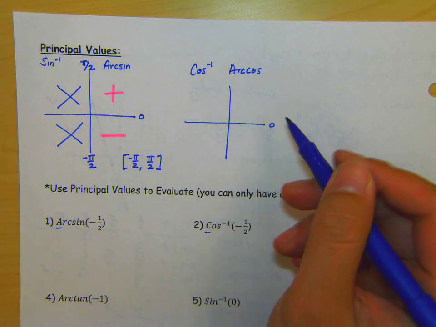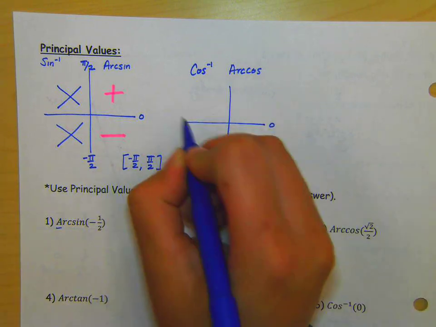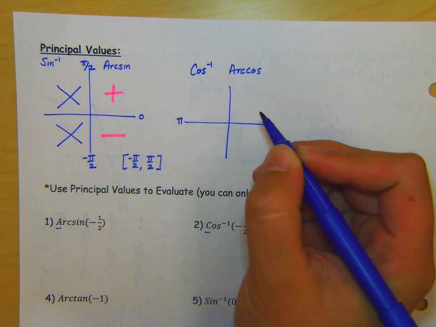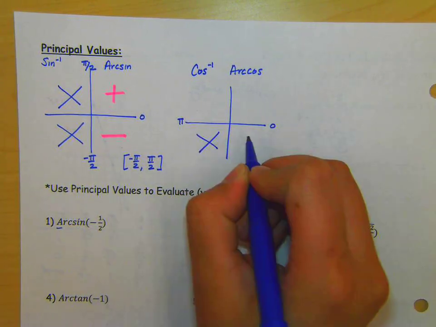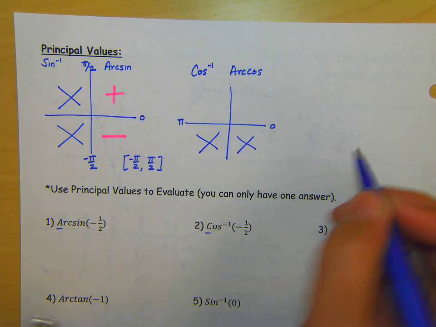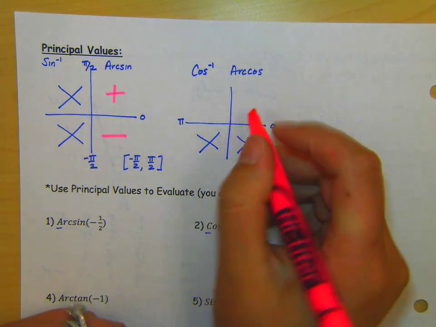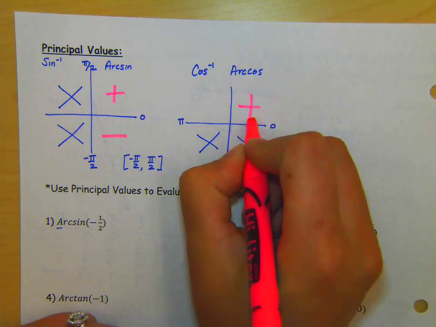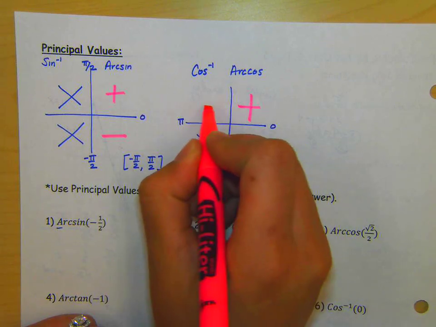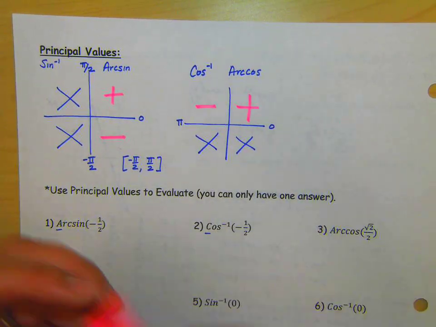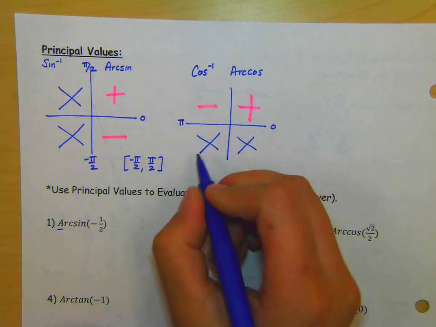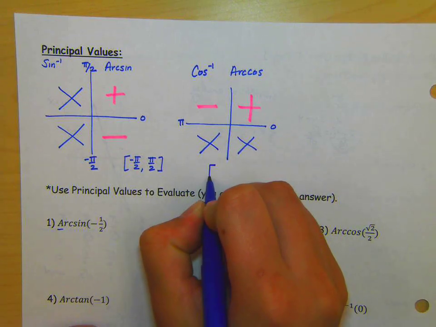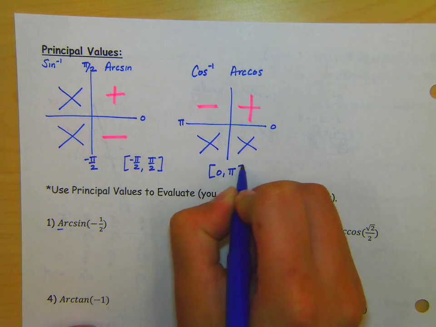So what we're going to limit ourselves to is 0 to pi. We're going to take out quadrants 3 and 4 for cosine. This makes sense because in quadrant 1, cosine is positive, however in quadrant 2, cosine is negative. So your possible answers are going to be between 0 and pi.